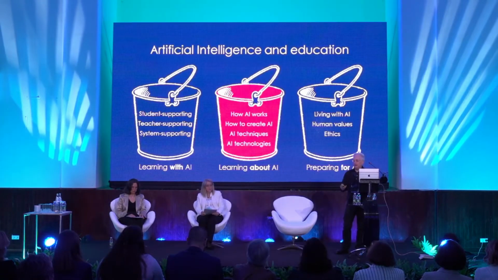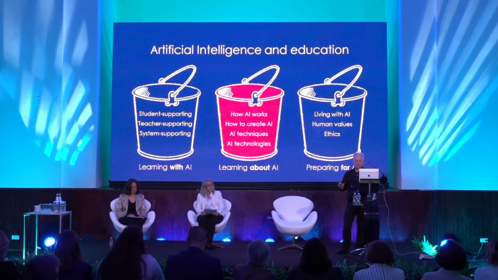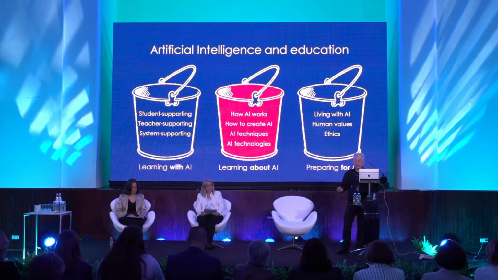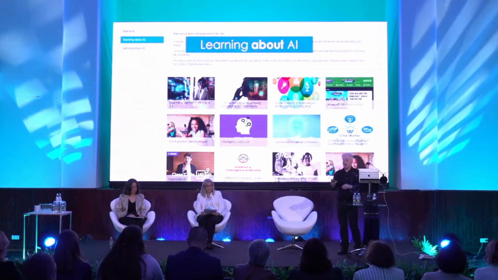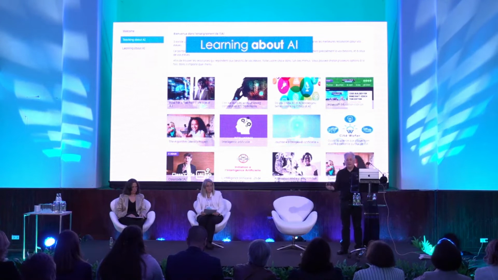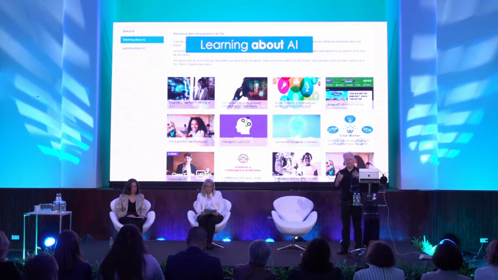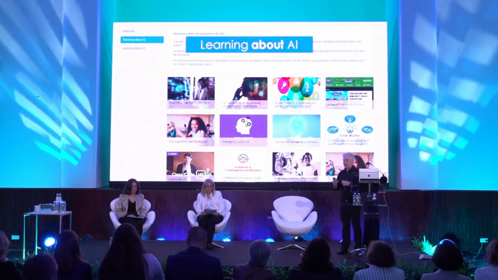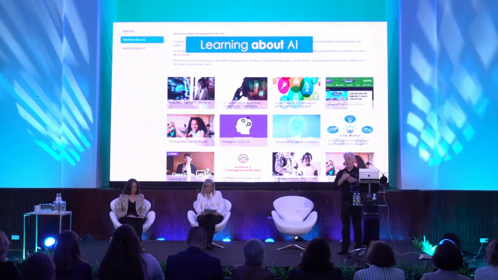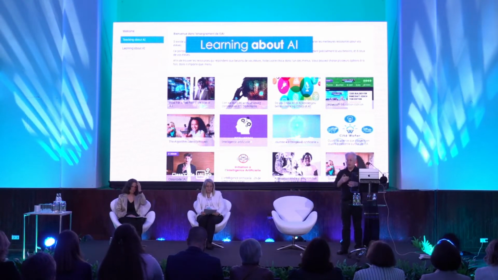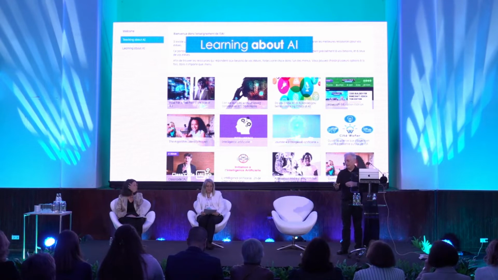What about learning about AI? At UNESCO, we've been collating from around the world different tools, activities and programs, OER essentially, that any teacher can use to teach their students about AI.